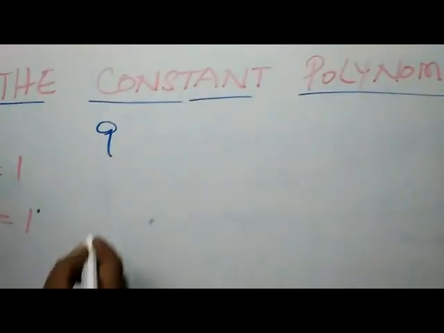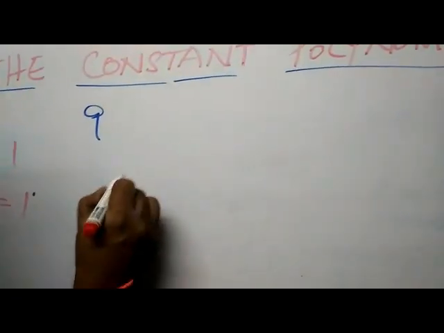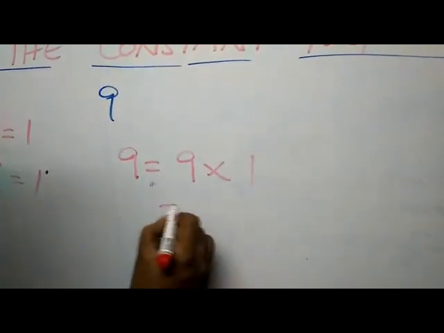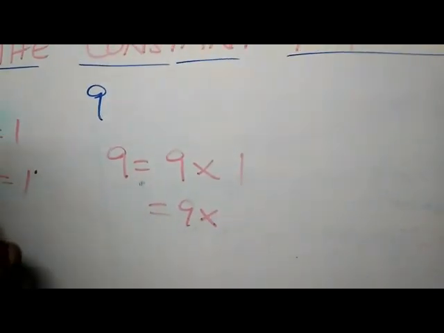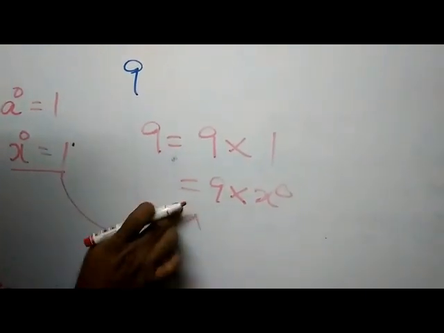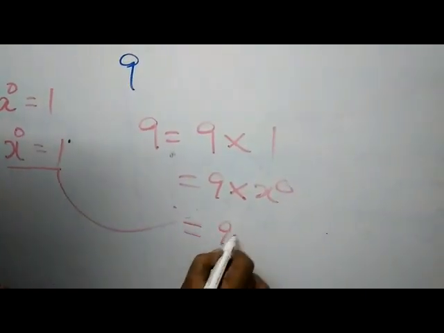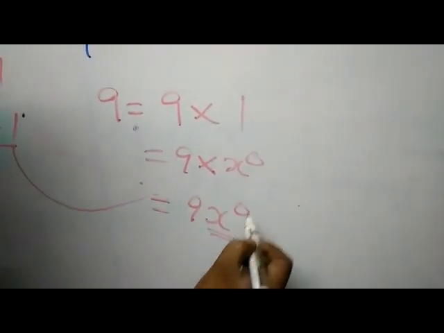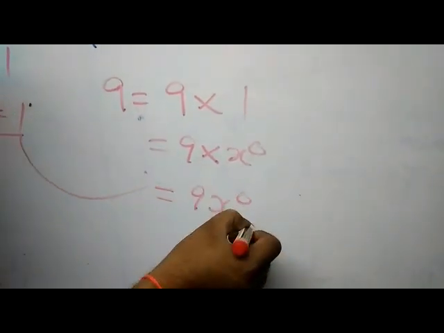One more example. Here 9 is equal to 9 into 1. I can write once again x to the power of 0. That is nothing but 9 into x to the power of 0 is equal to 9x to the power of 0. In this, what is the power of this variable? 0. That's why degree is 0.